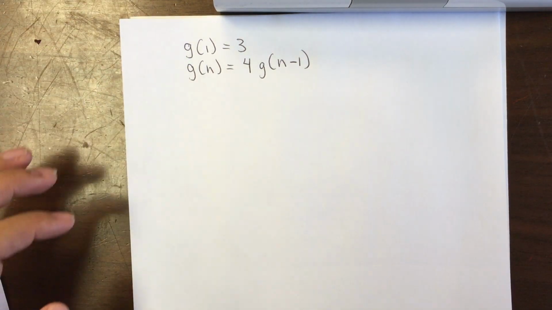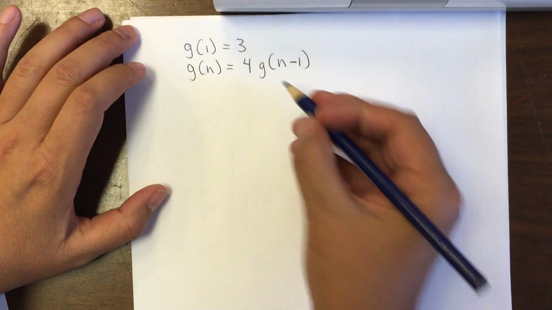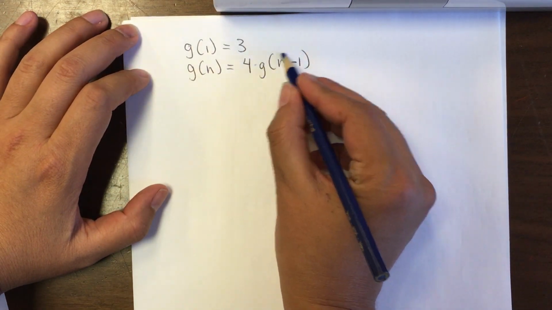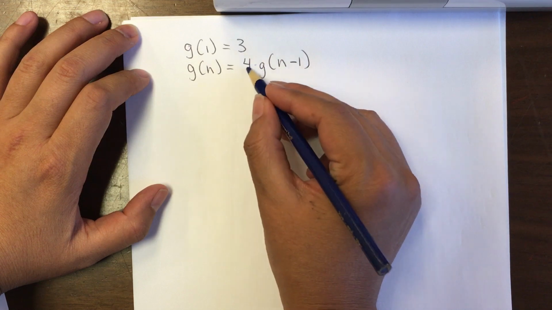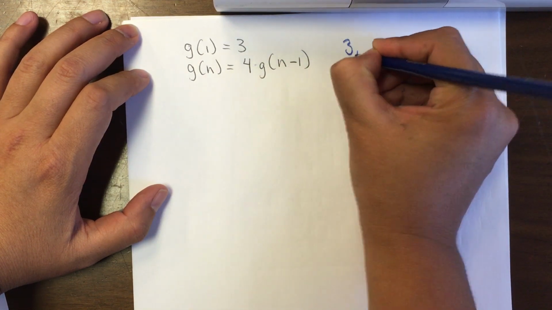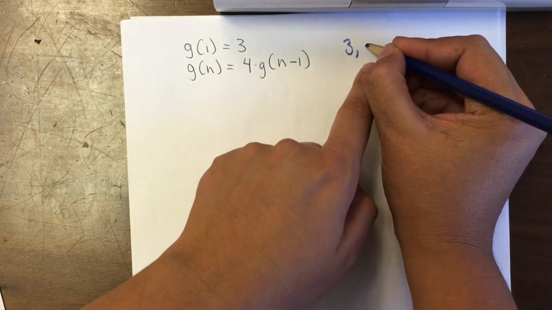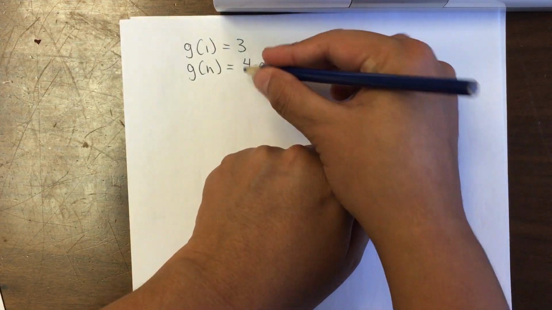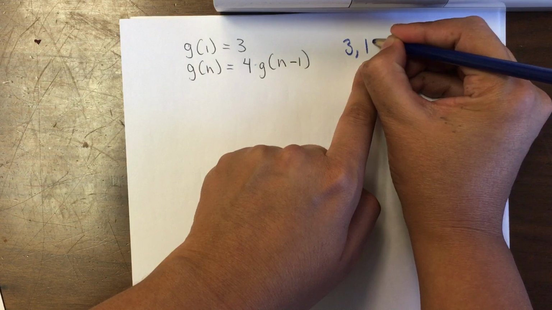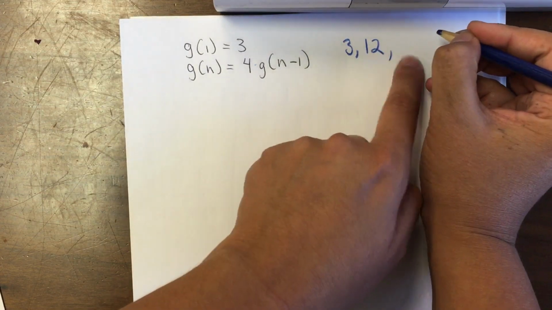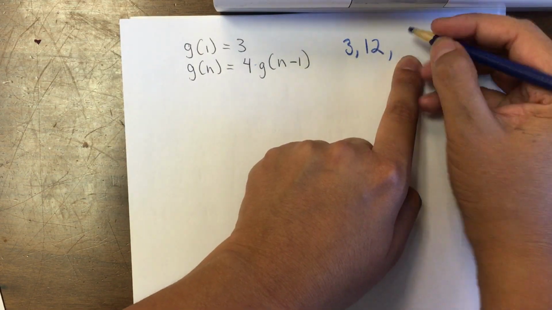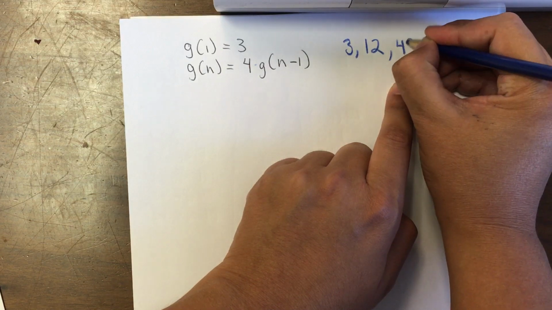Let me do it the fast way first. This means that I'm multiplying the previous one times 4. So the first one in the list is 3. For the second one, look at the previous one, multiply by 4, and so it's going to be 12. Look at the previous one and times 4, that will be 48.